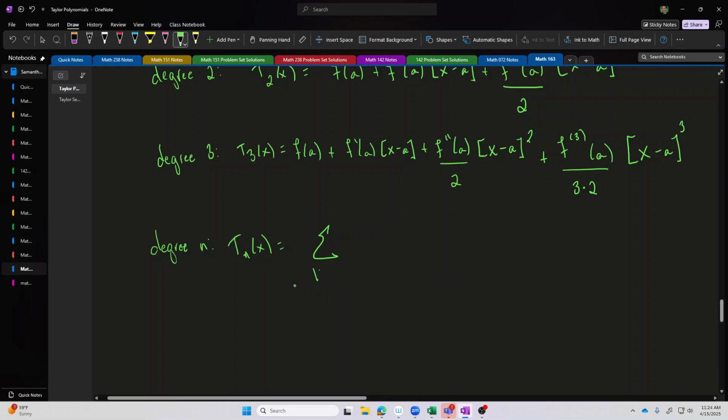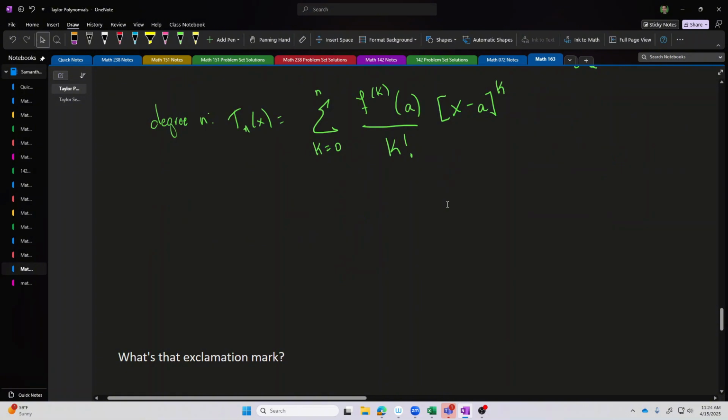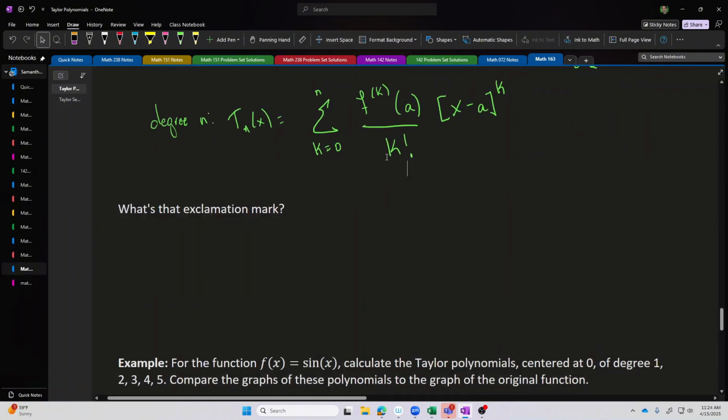The sum, as k goes from 0 up to n, of the kth derivative of the function evaluated at a times k copies of x minus a divided by something called k factorial, denoted here by k with an exclamation mark next to it.